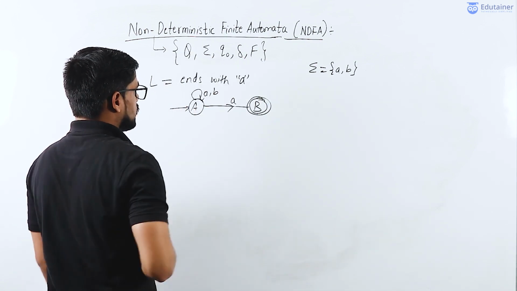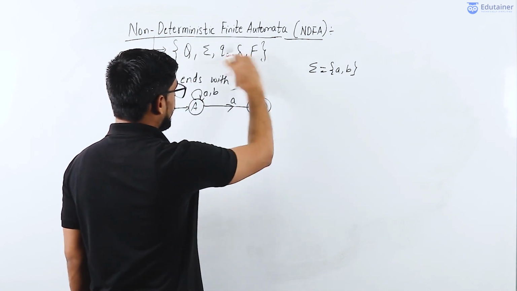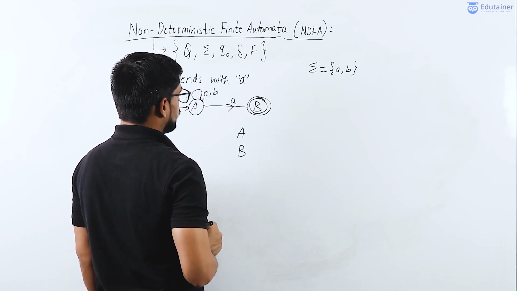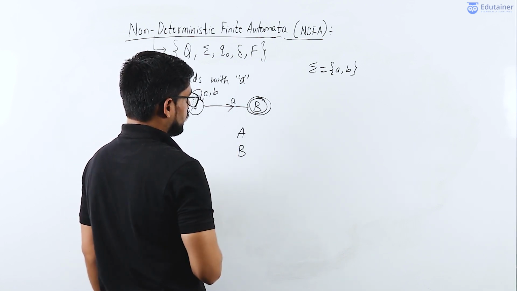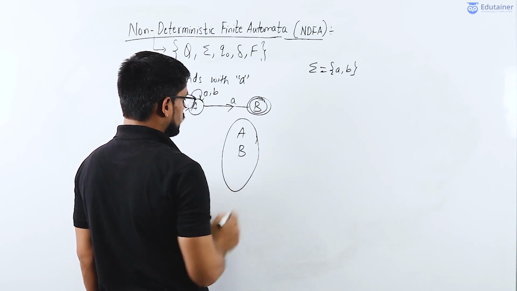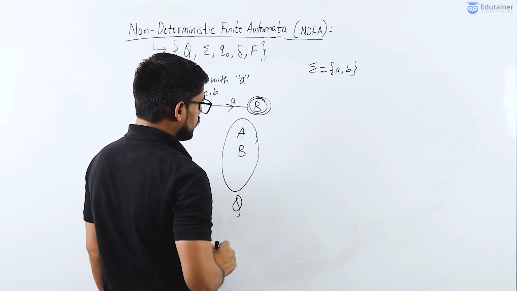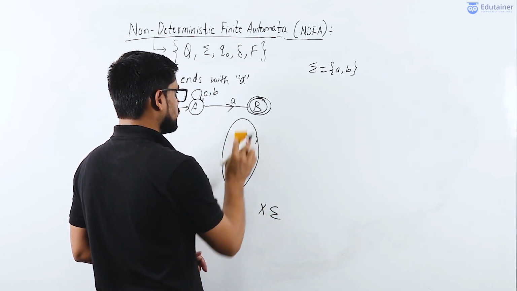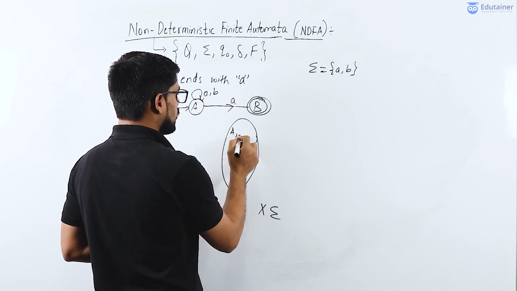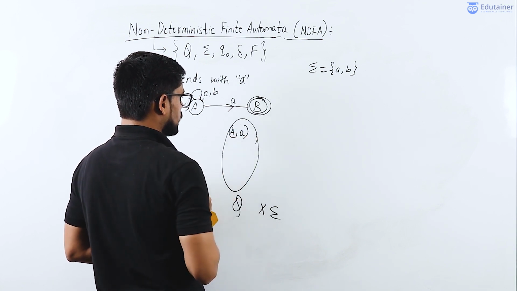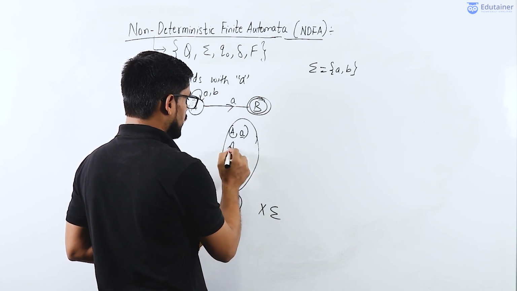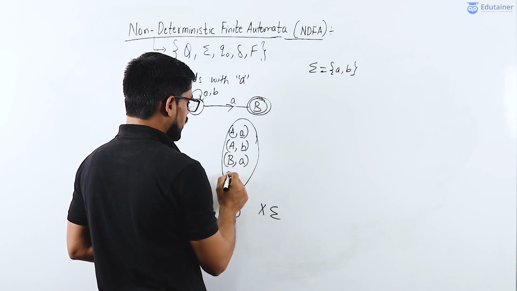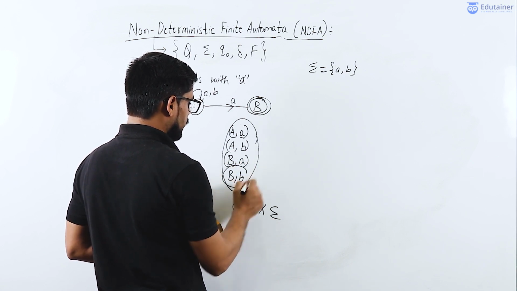For this transition diagram and for NDFA, let's say I have two states A and B. Q cross sigma means capital A seeing input small a, capital A seeing input small b, similarly capital B seeing input small a and capital B seeing input small b.